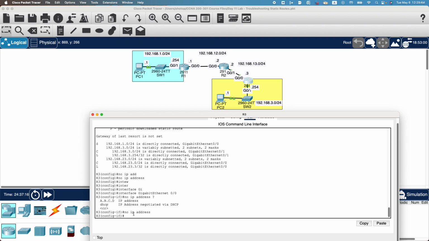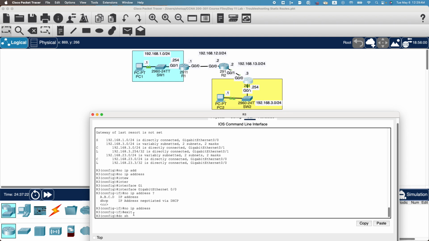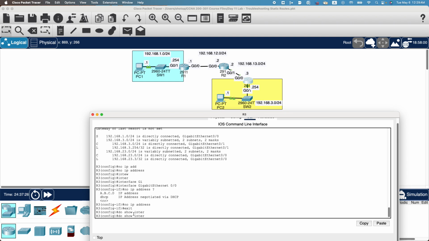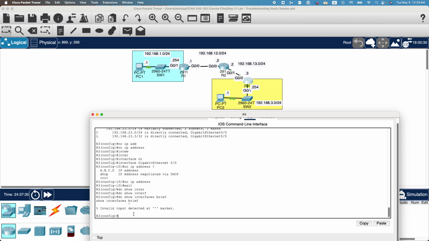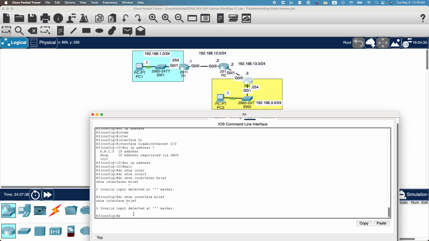All right. So now I'm gonna do show interfaces brief. Interface brief. What the heck?